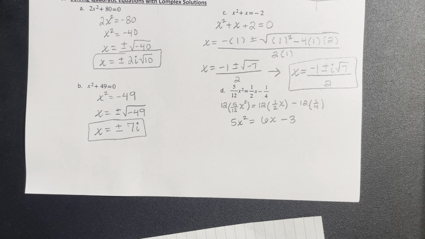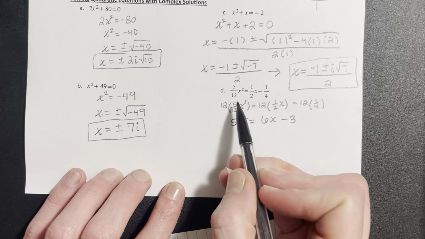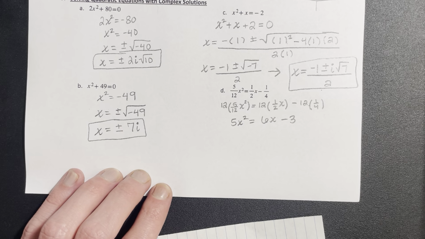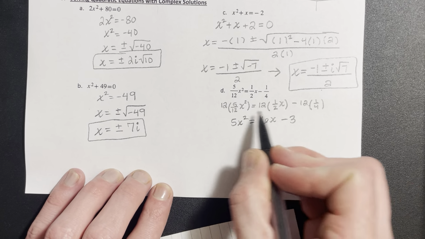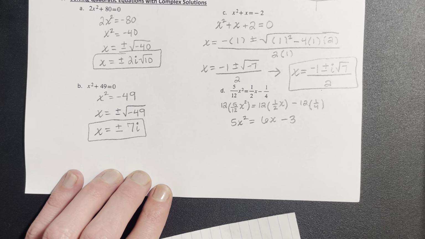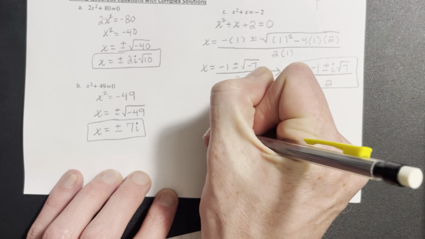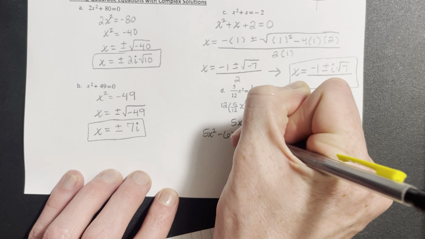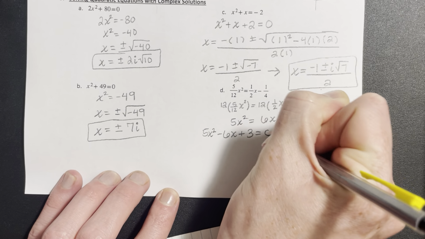That's a much nicer equation to work with than the previous one with all the fractions. Now I could do the quadratic formula with all of these fractions. That's possible, but it's prettier, or at least easier in my opinion, to do it with these integer values. I do need to get it equal to 0, so we have 5x squared minus 6x plus 3 equals 0.